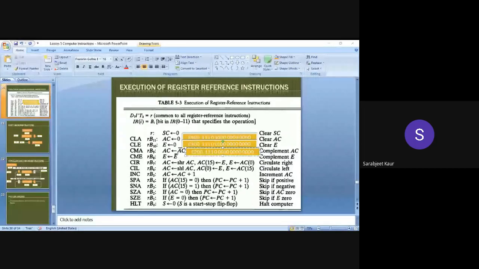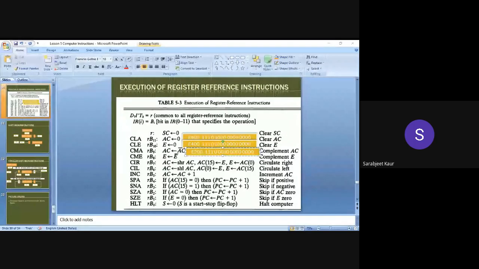You will be implementing the rest of these instructions. So I request you to please look at the execution of these. I will be explaining to you, so look at this explanation very carefully. And B3 will be doing the same thing on Saturday.